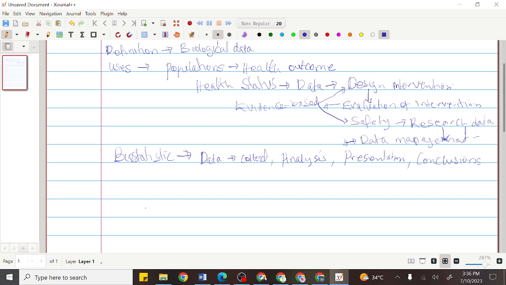So basically, we can say that there are two broad categories of biostatistics, or statistics in general. We look at what we call descriptive statistics, and then inferential statistics.